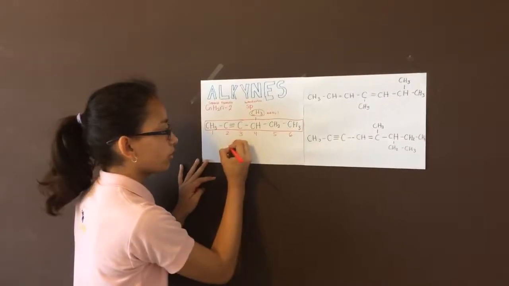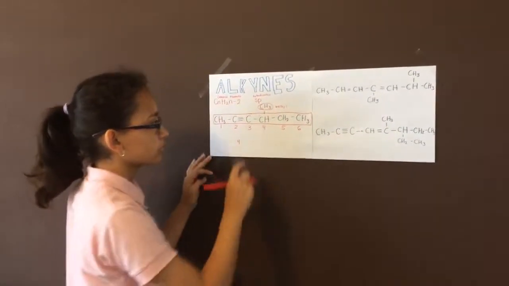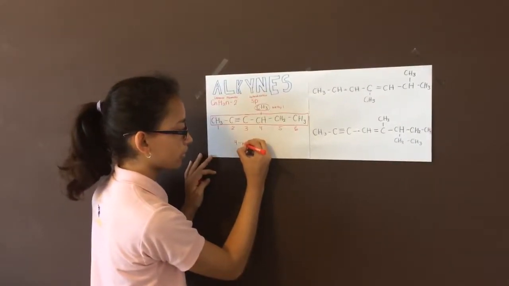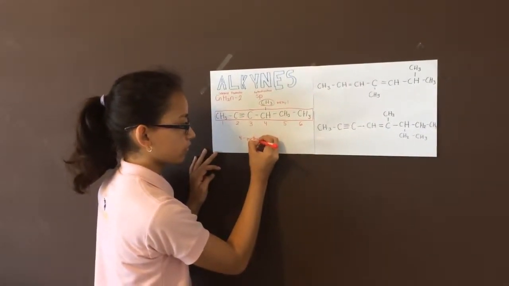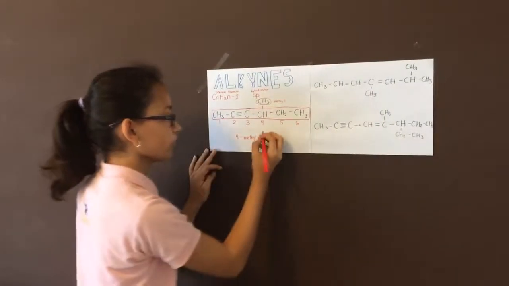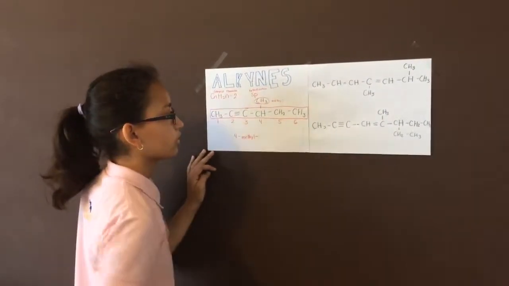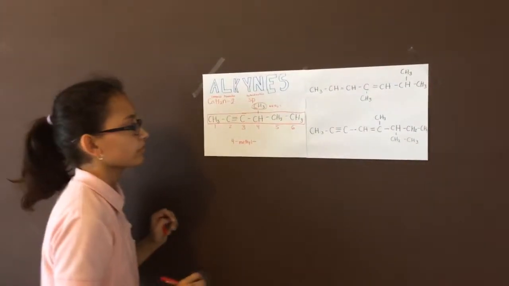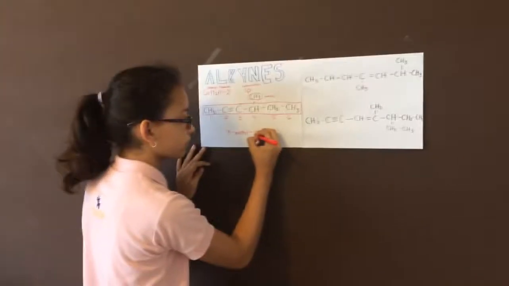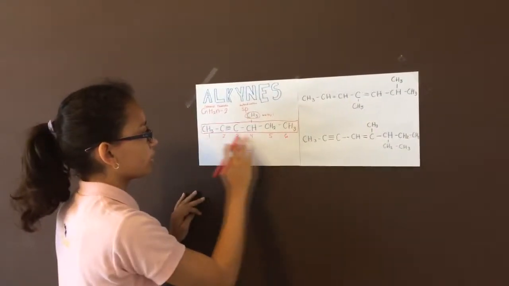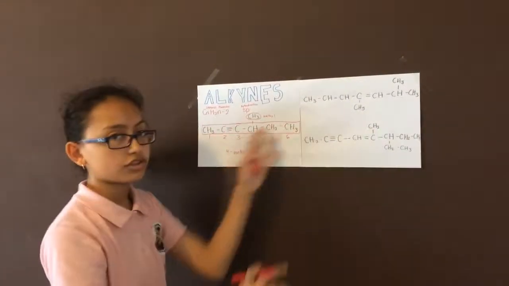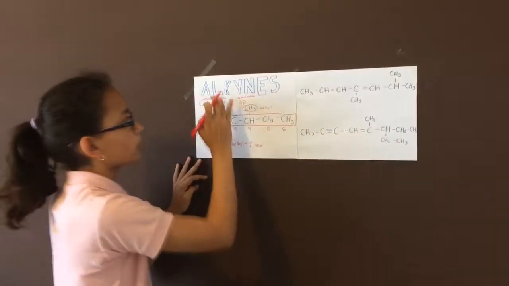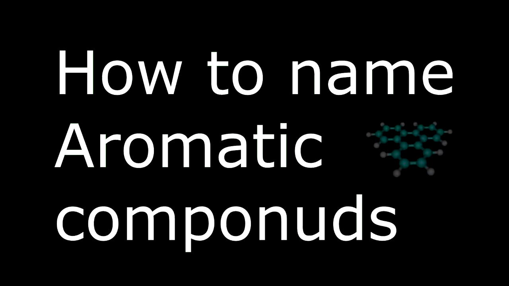On carbon number 4 we have a methyl, so we have to put 4-methyl. Then hyphen. We have to indicate where the triple bond is. In this case it is 2, and we have 6 carbons, so we have to put 2-hex, and because it's an alkyne, hexyne.